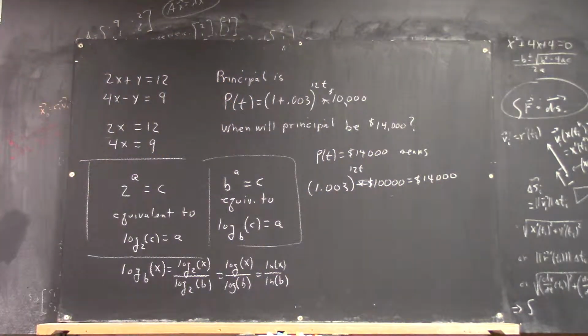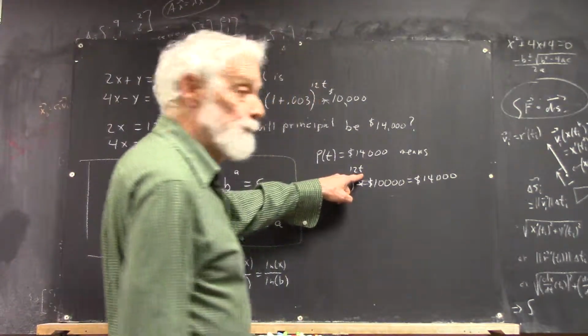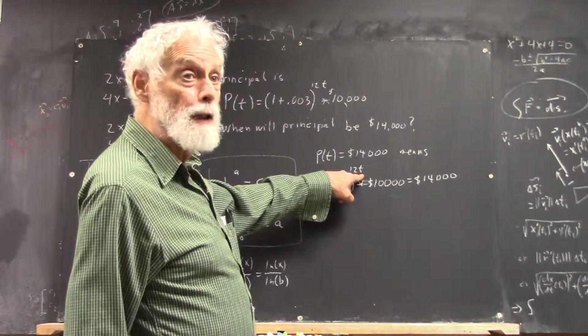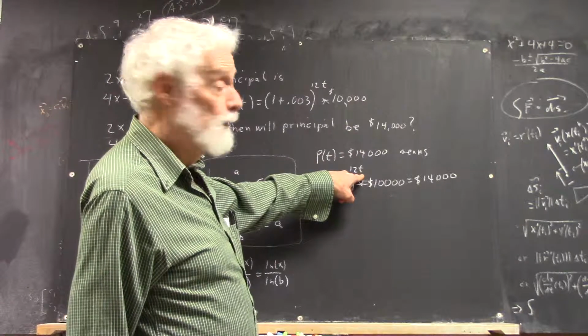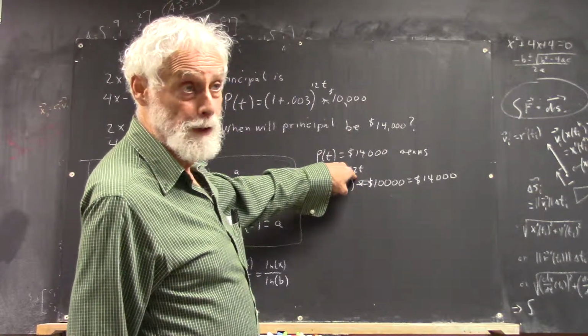Now, what's the first thing I would do if I wanted to solve this equation? I'm trying to isolate t. Now, I'm not going to be able to isolate t directly, but notice the t is up here as part of the exponent, right?